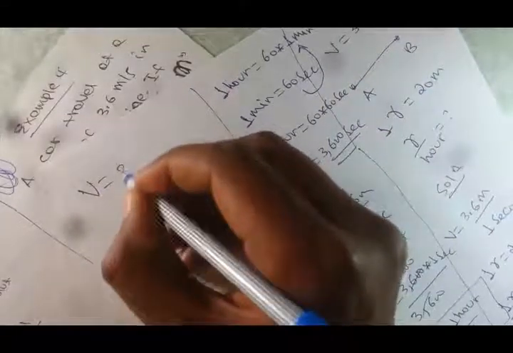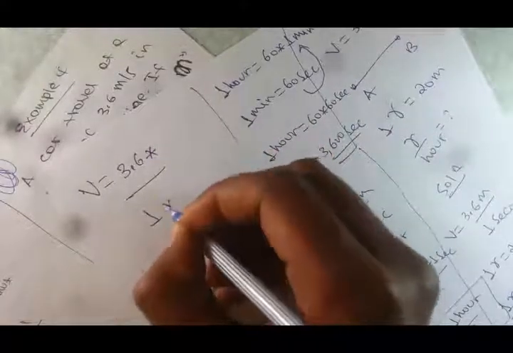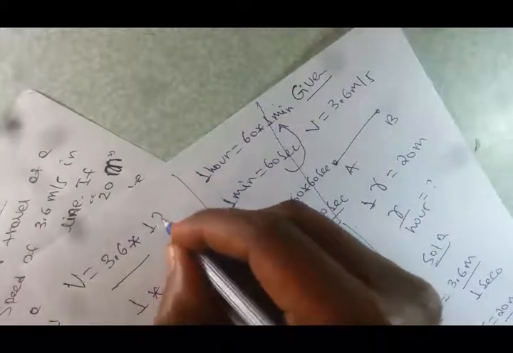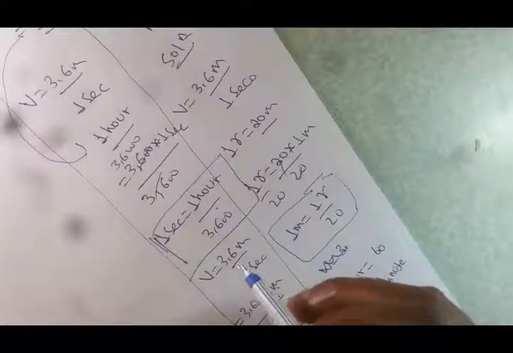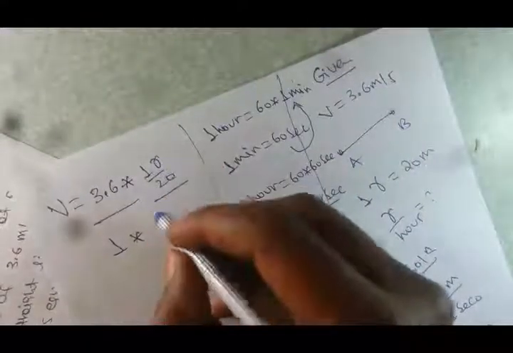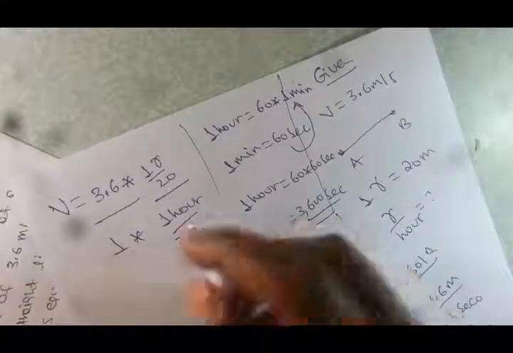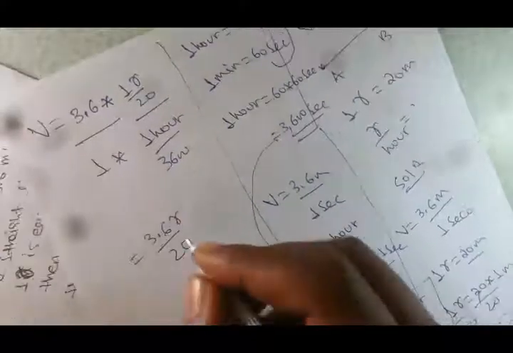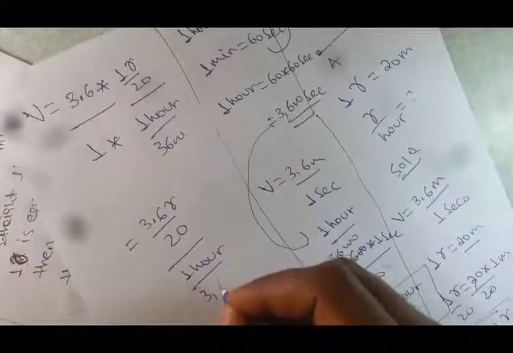V is given by 3.6 times, we know 1 meter is equal to 1 ohm over 20, over 1 second, which is equivalent to 1 hour over 3600. This is equal to 3.6 ohm over 20 over 1 hour over 3600.